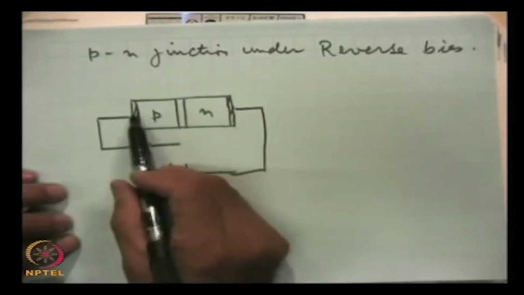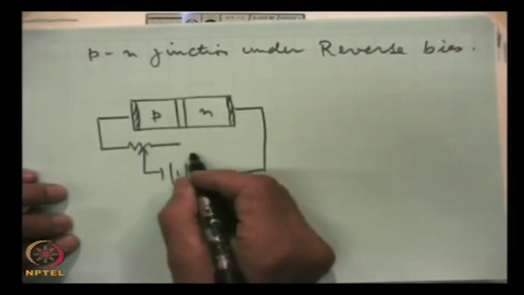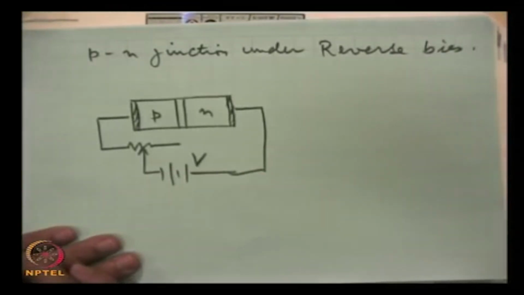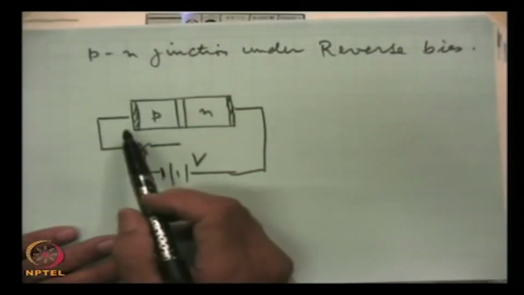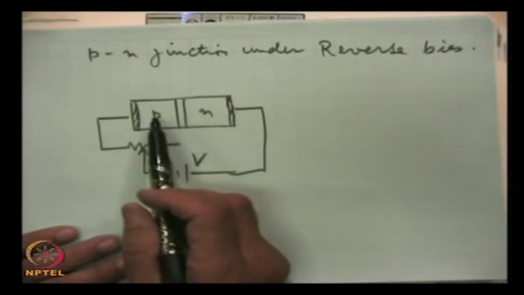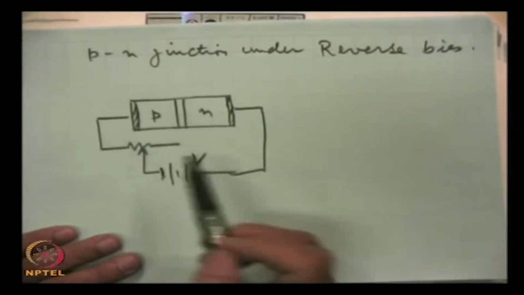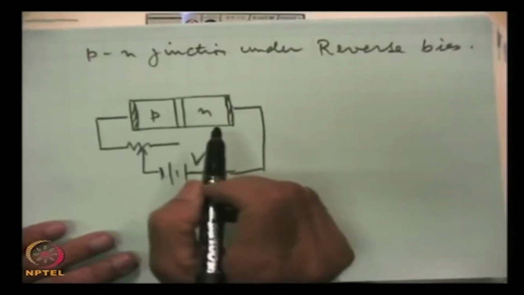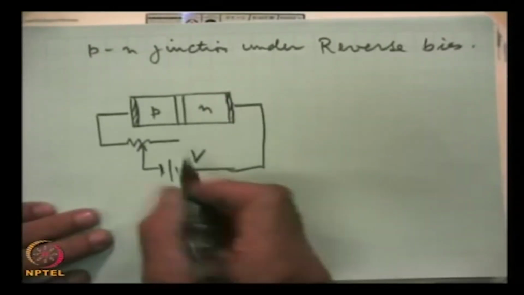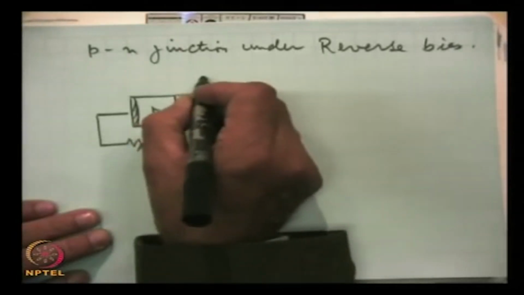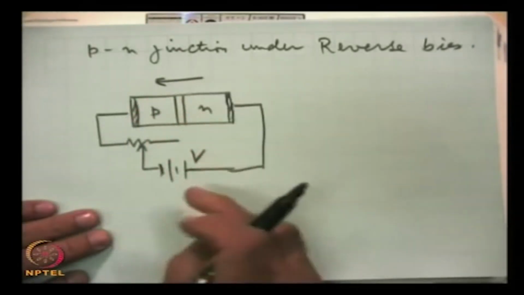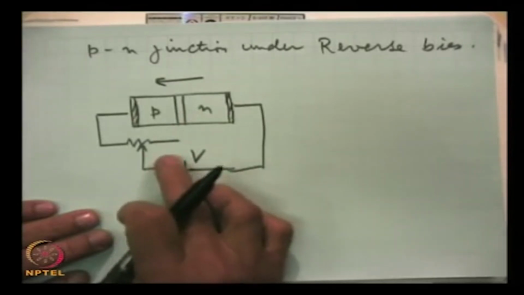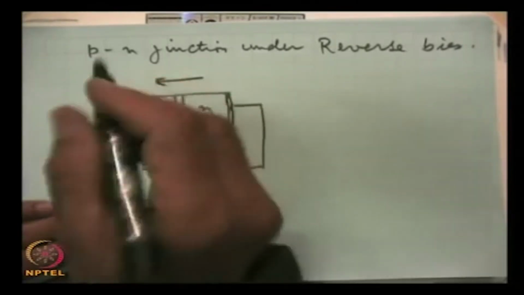These are ohmic contacts and this is the voltage, and we have applied such that the negative of the battery is connected to the positive side, P side, and the positive of the battery is connected to the N side. Now, here the direction of the field which the applied voltage creates is this.